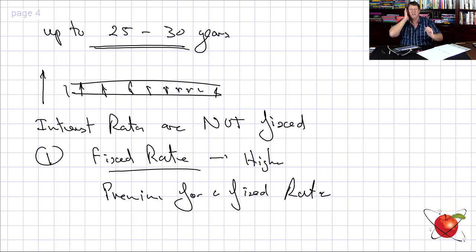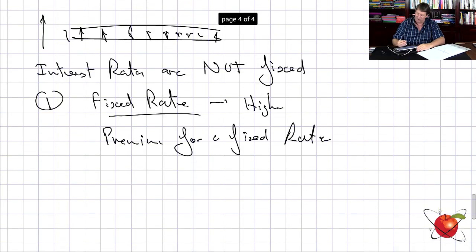Think about it if you're a bank. Think if you're loaning it to friends. They say, I'm going to pay you every month, but I don't want it ever to change. You're like, okay, but I've got to charge you a premium for that because the risk is now mine. Normally we carry the risk, but now you're passing the risk over, aren't you?